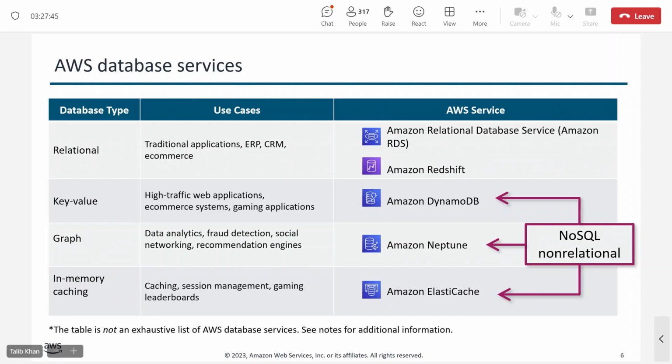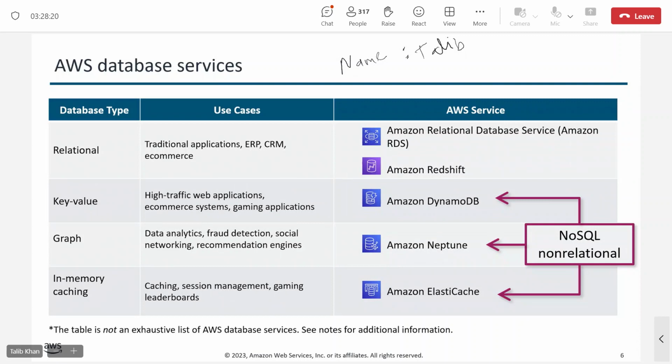Everyone is saying that a relational database has a structured schema, where structured data is stored in the form of rows and columns. In a non-relational database, data is unstructured. We store the data in the form of key-value pairs. I hope you know what key-value pairs are. Key-value is like name is your key, and the value is Talib. That is basically your key-value.